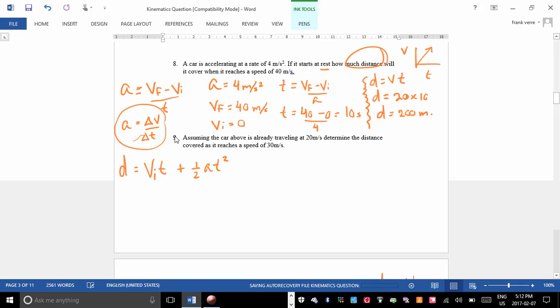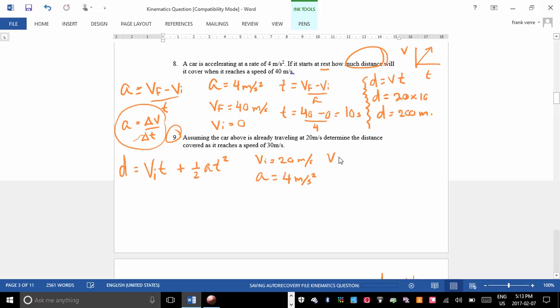So let's look at question number 9, okay? We have a car that is traveling initially at 20 meters per second, and we know that it's just the car above, so the acceleration is still the same. The acceleration is 4 meters per second squared.